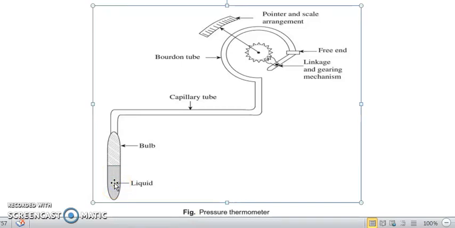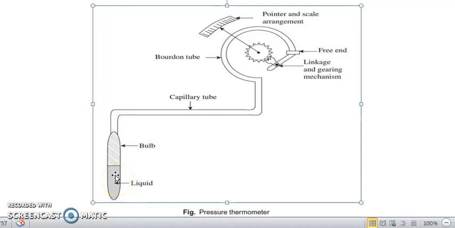Here, this is the liquid for sensing. If this portion is immersed in the hot metal or hot slurry whose temperature has to be measured, the vapor and the liquid temperature will be sensed with this one.